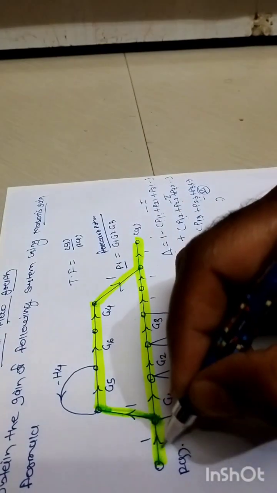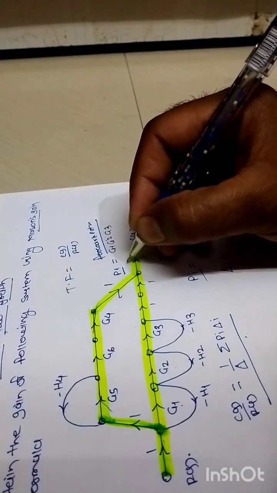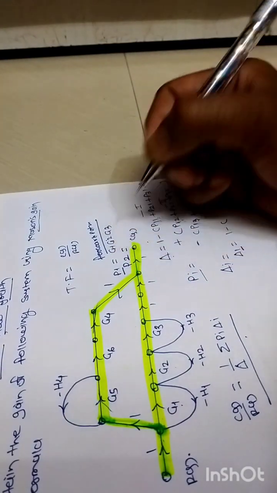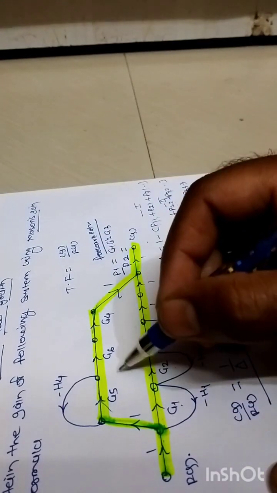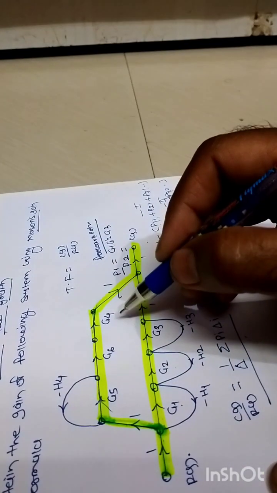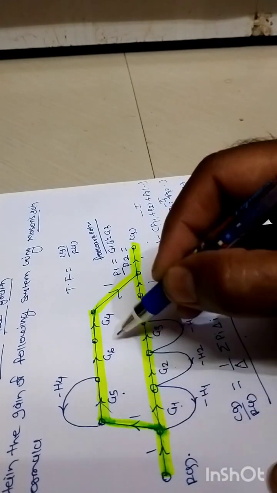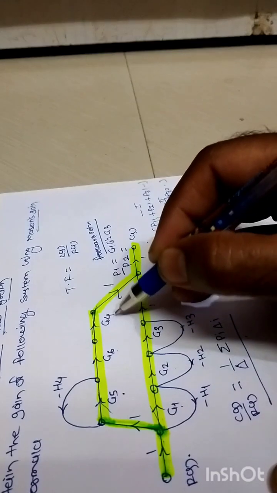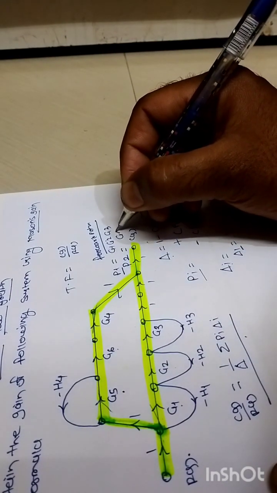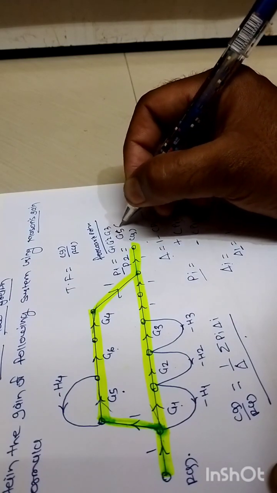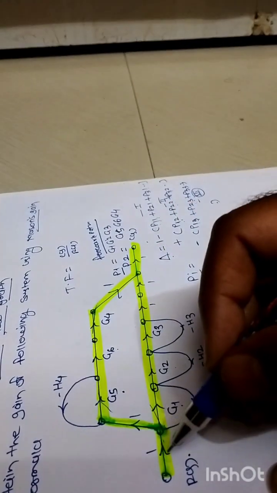So this entire portion is the second forward path, which can be treated as P2. P2 equals the product of all the branches present in the second forward path: G5, G6 and G4. The remaining gain is exactly equal to 1.